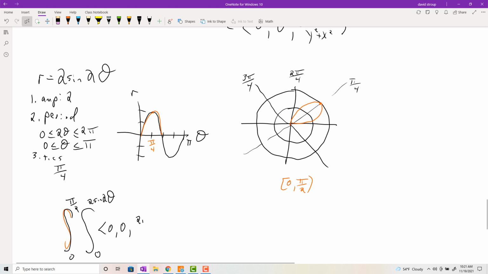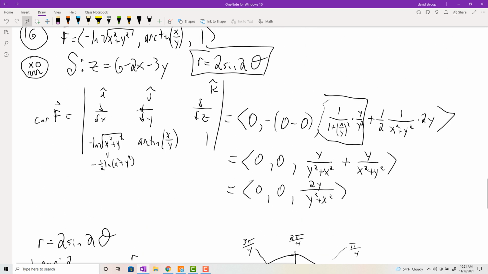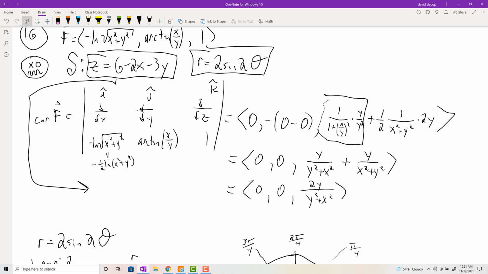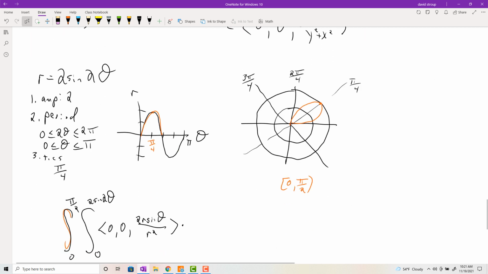So that's going to be 2r sine theta over r squared, since x squared plus y squared is just r squared, right? And then dotted with, well, I guess we can't really convert to polar just yet, right? Because I need to get this normal vector. So maybe I'm getting ahead of myself a little bit. So let me chill out on converting to polar just yet.